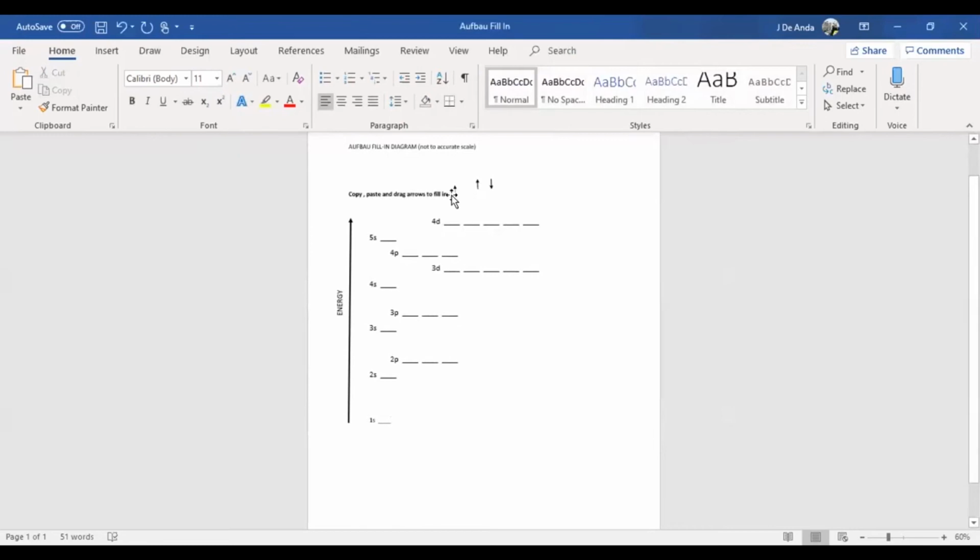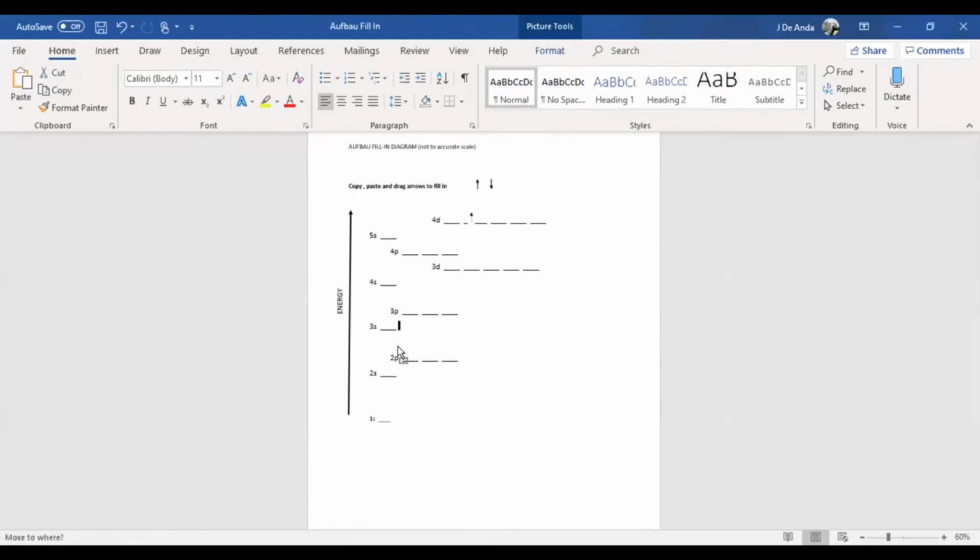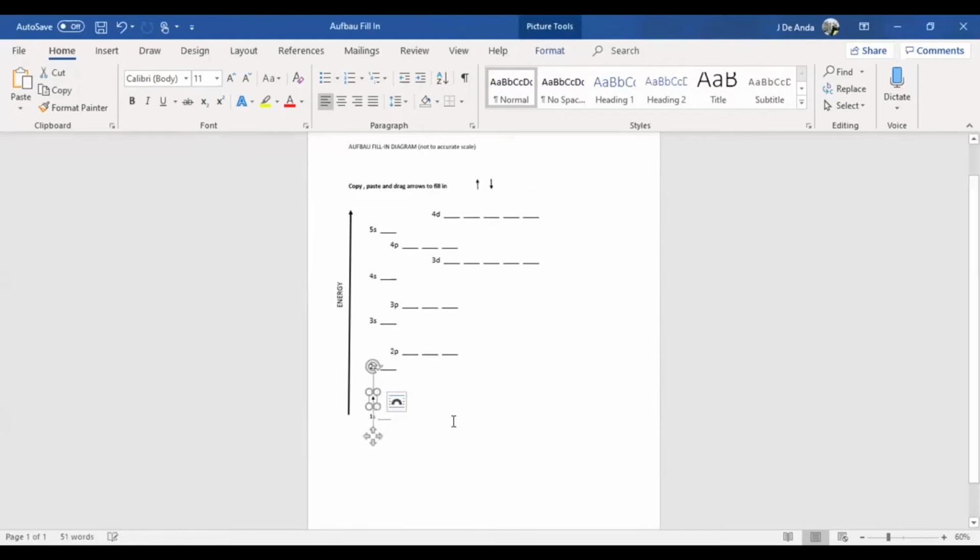Then you can grab that copy and move it around wherever you want. If you want to put it down here in the 1s, it'll let you. So you can play around with it and move it around, okay? The only thing with this version is that it only has one of the sheets, so you'd have to copy the whole thing into other pages to do multiple forms. I'll let you decide how you want to do it, okay? No rush, no problems. Or you can simply follow along with our presentation here.